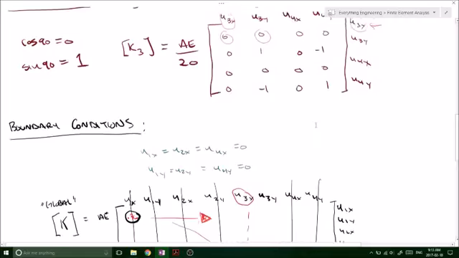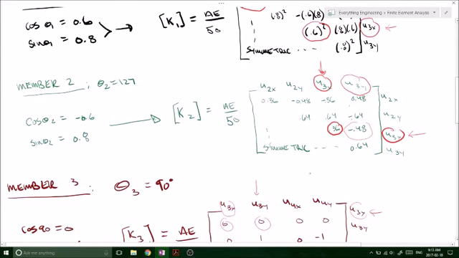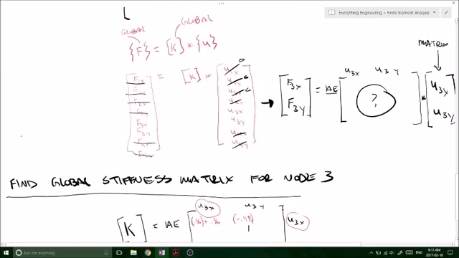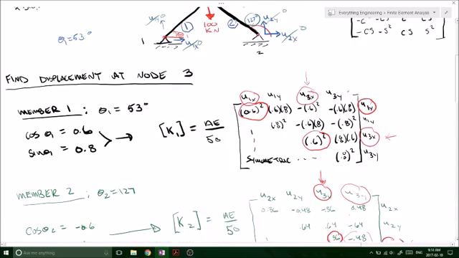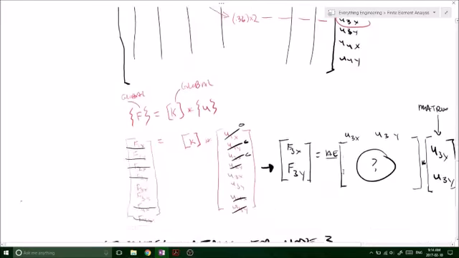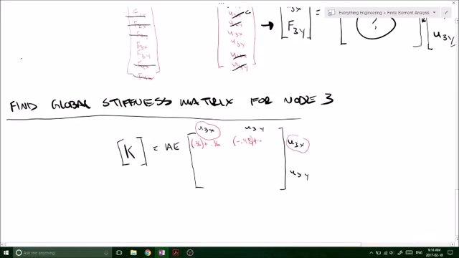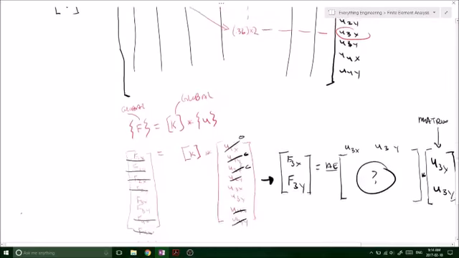Now we're looking at this matrix, and we've got our 3y column and our 3x column. So we get 0.8 times 0.6, which is positive 0.48, plus 0.48.